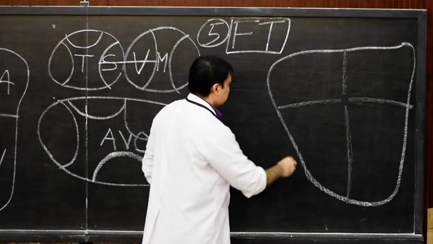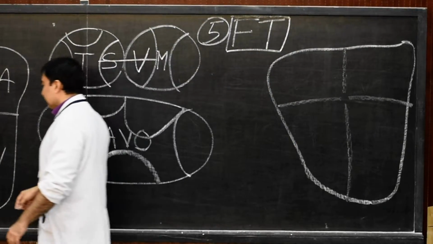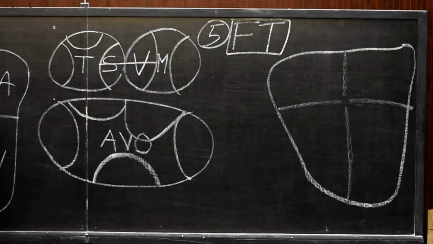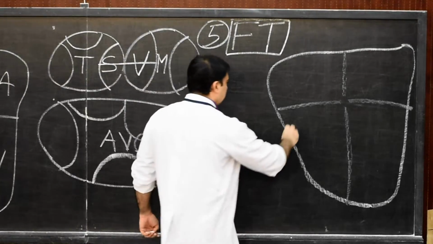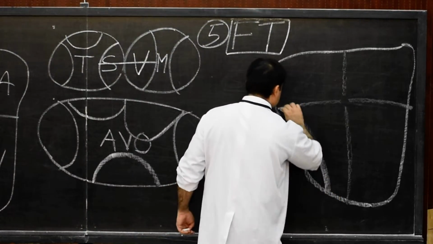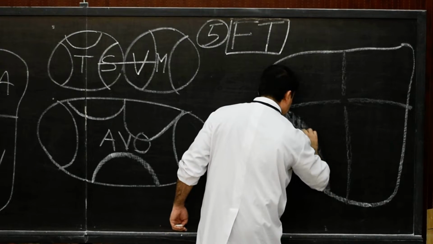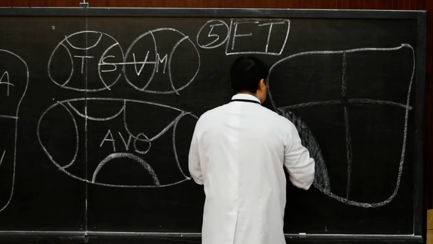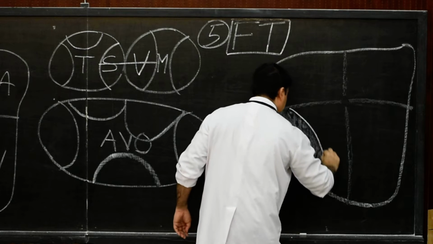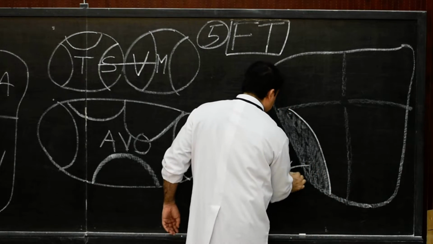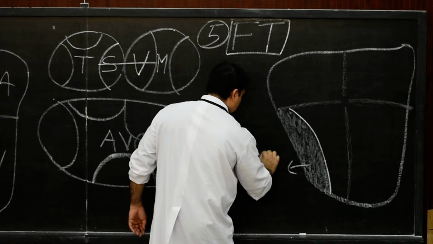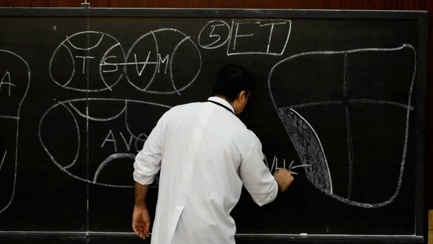Now we want to show here right ventricular hypertrophy. So I will show here that the right ventricular wall has hypertrophied. So this is what we show as right ventricular hypertrophy.